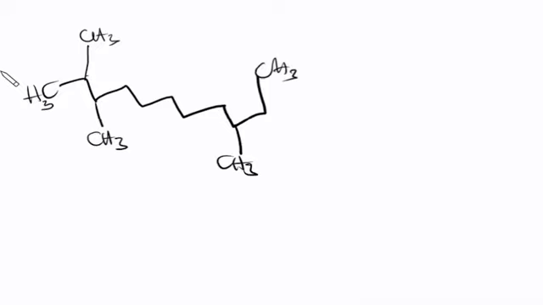And this is looking almost similar to the initial diagram, but let's see. I have CH3, and I have this, and I have this. So this is CH3, this is CH3, this is CH3.